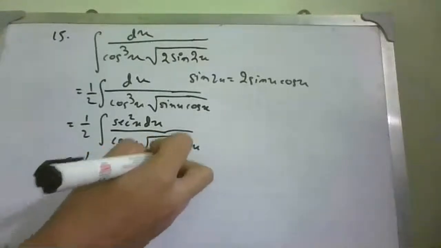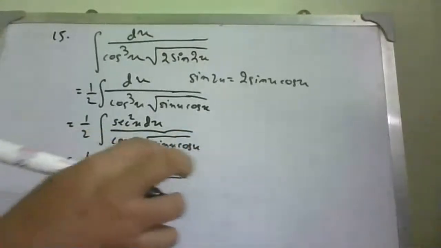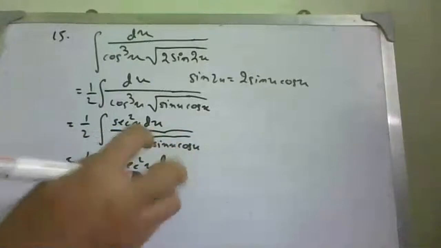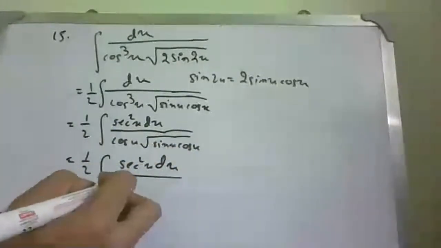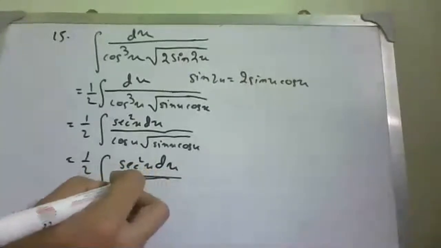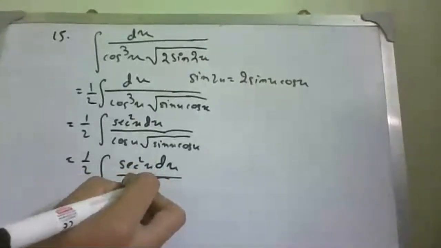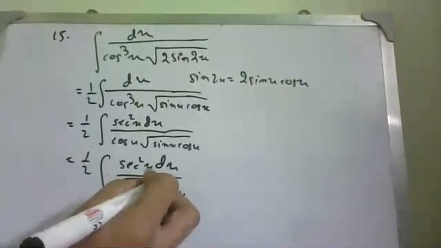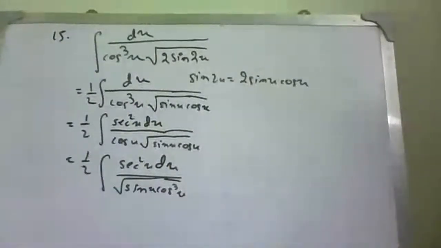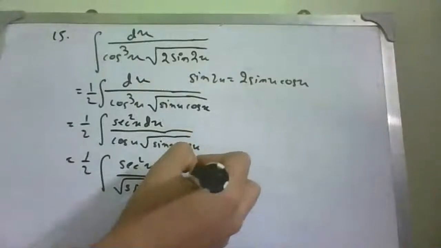Sec square x dx, and if we take this inside, this will be squared, and then it will be basically sine x cos cube x. Is there any problem? I guess there is some kind of problem. Okay, never mind.